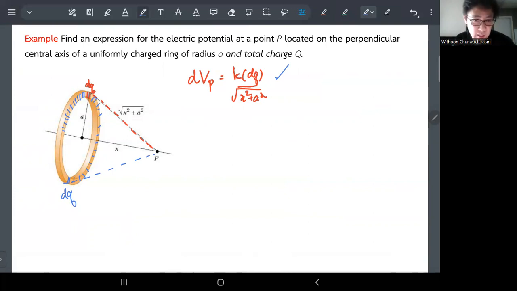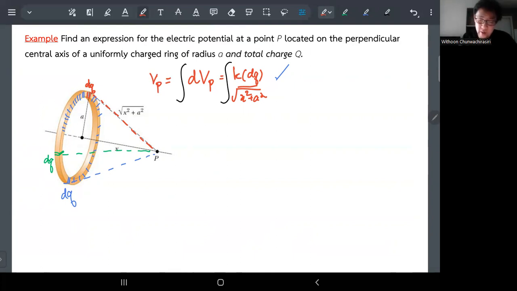So you can use this expression for the blue dq, or for the green dq that you cut. They're all sharing the same thing. So all you need to do is sum these. When you sum it infinitely many times, that is the integral. Once you're done with this, that is your net potential at point P. Isn't that cool?